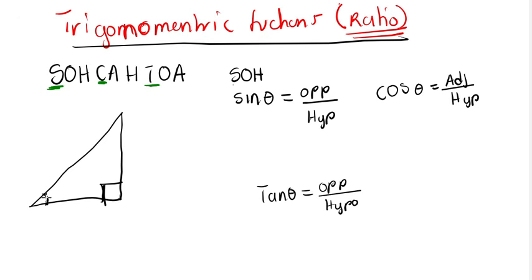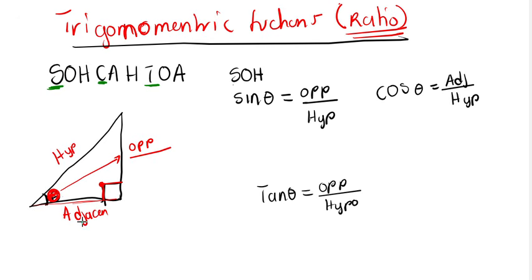Now when it comes to the triangle, if we are on this angle here, this will tell us that the side which is opposite to this angle is what we call the opposite, right? And the one which is opposite to the 90 degrees is what we call the hypotenuse. Then the one which is beside the angle we are looking at is what we call the adjacent.